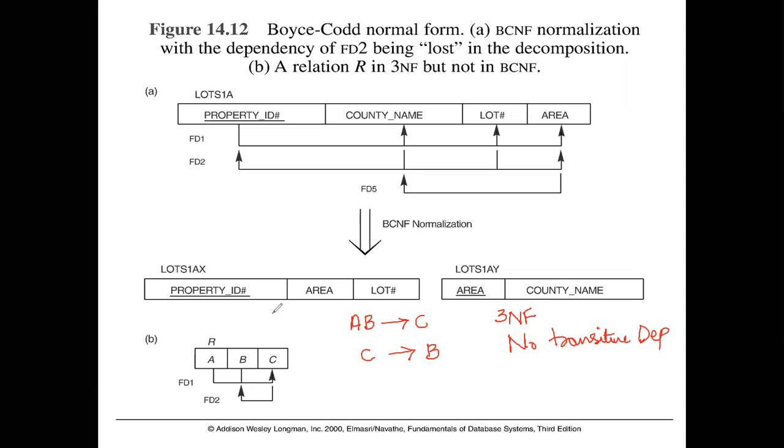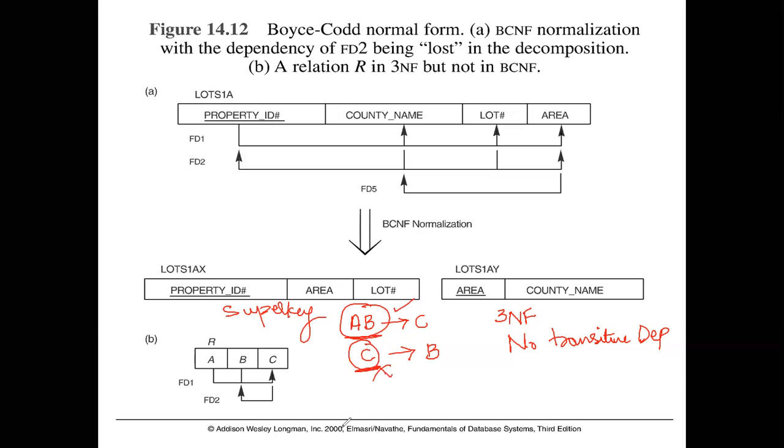Now verify whether this is in BCNF. So what does BCNF say? BCNF says the left side of this functional dependency should be a super key. Whether AB is a super key? Yes, it is. Whether C is a super key?